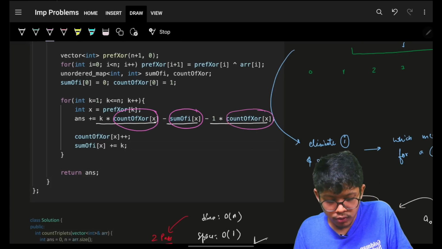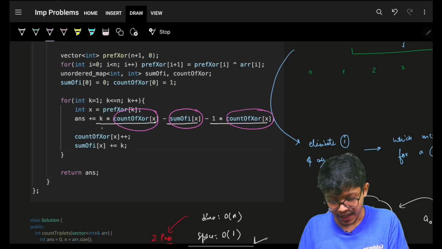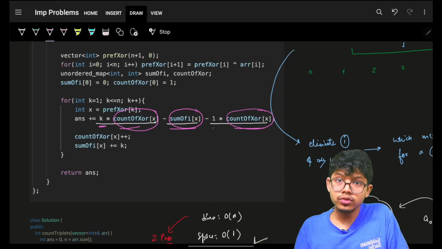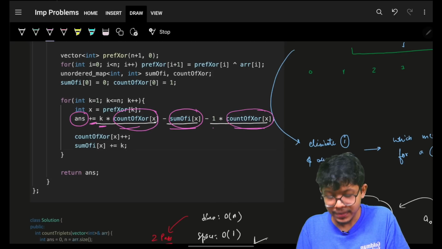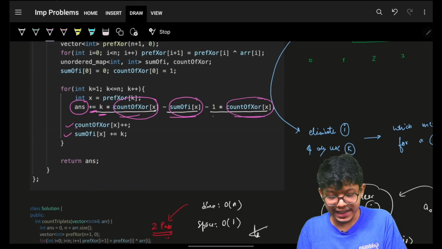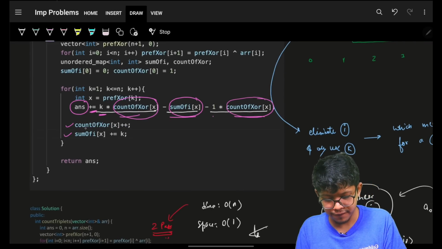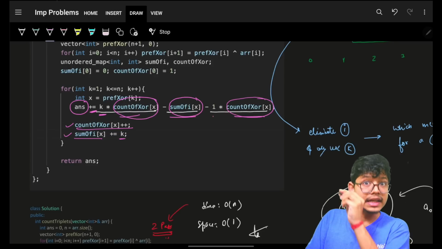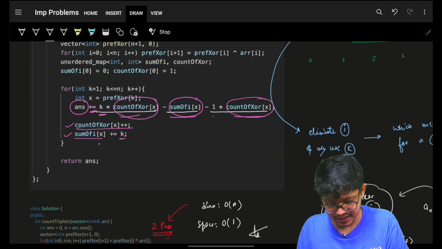And again, just k into count minus sum minus 1 into count. That is how I will simply add the contribution to my answer, and ultimately make sure to increase the count of x, and also increase the summation of x by adding the index in the summation.